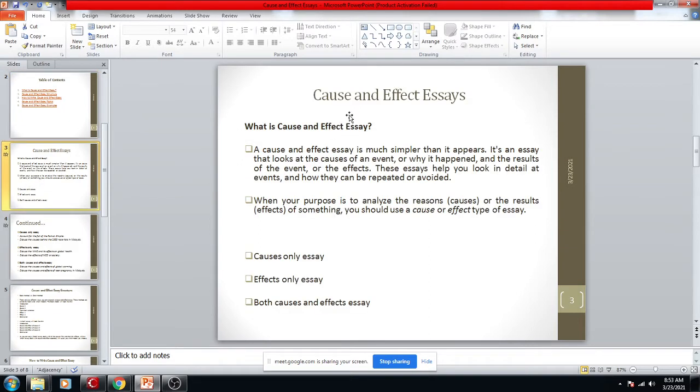All right, so what is a cause and effect essay? A cause and effect essay is much simpler than it appears. It's an essay that looks at the causes of an event, or why it happened, and the results of the event, or the effects.